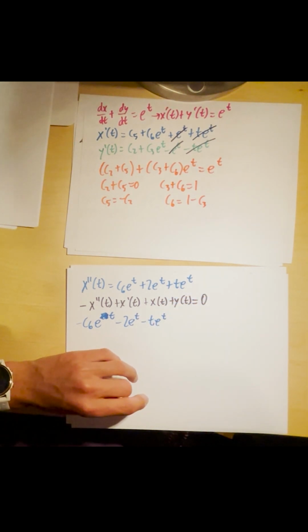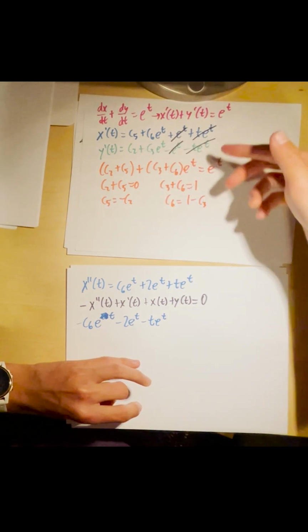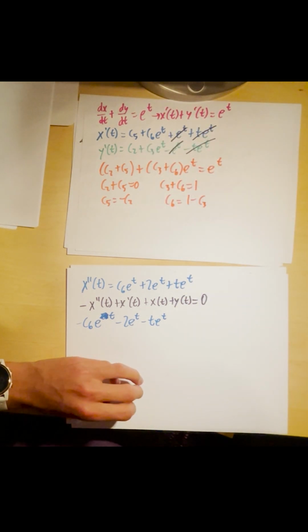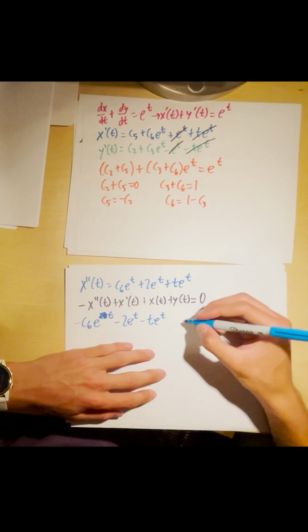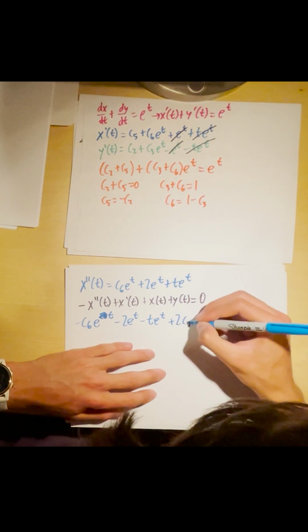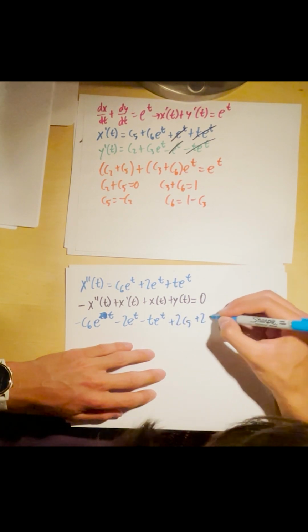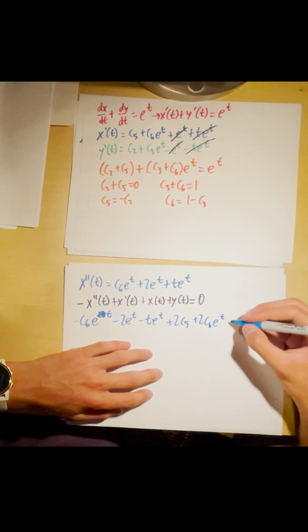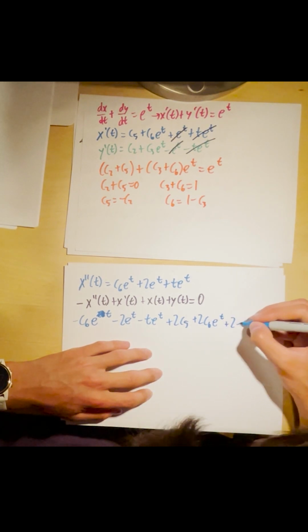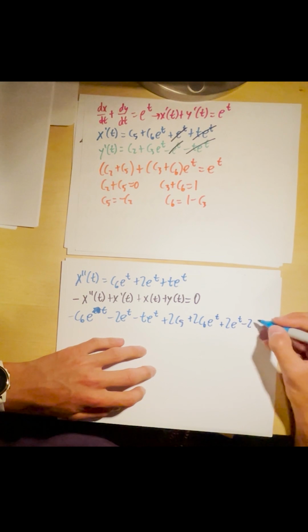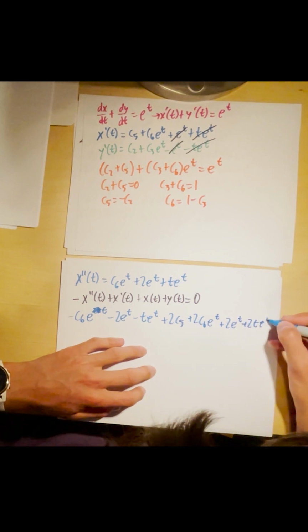X prime of t is c5 plus c6 e to the t plus t e to the t, but we're going to have a 2 in front of each term this time around. So plus 2c5 plus 2c6 e to the t plus 2 e to the t plus 2t e to the t.